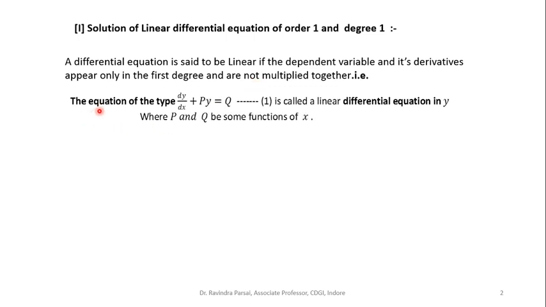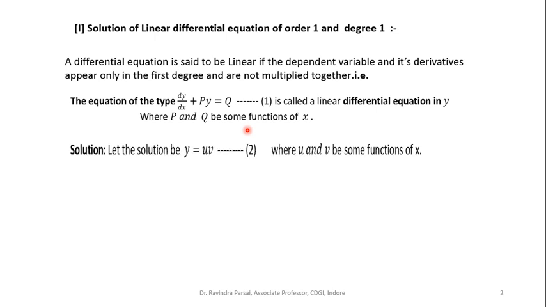That is, an equation of the type dy/dx + P y = Q is called a linear differential equation in the dependent variable y, where P and Q are functions of the independent variable x.